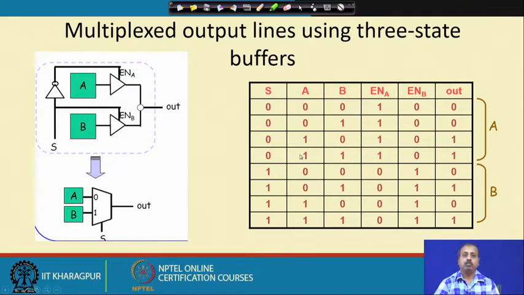So, this way we can use these tri-state buffers for this type of multiplexed realization. But this does not always solve the problem, because many times we do not want this type of multiplexing. We just want some logic to be followed when 2 lines are shorted.